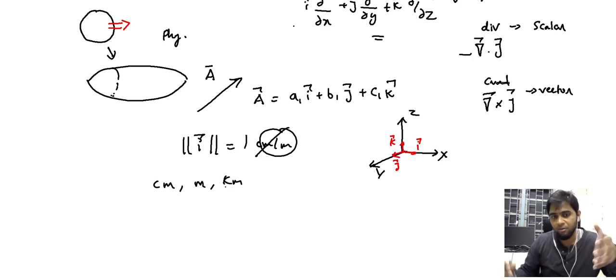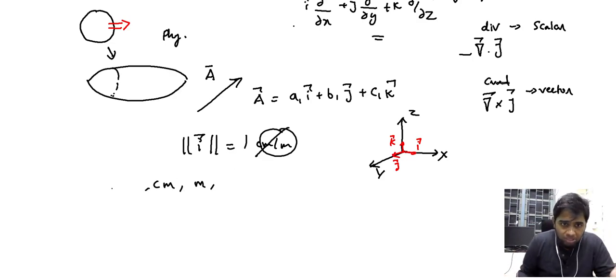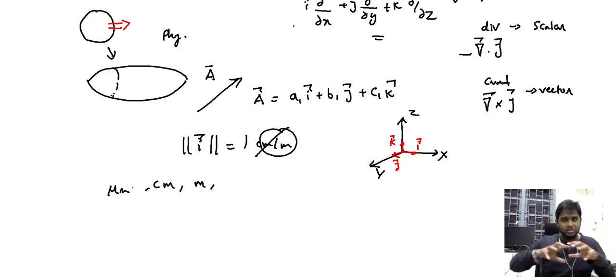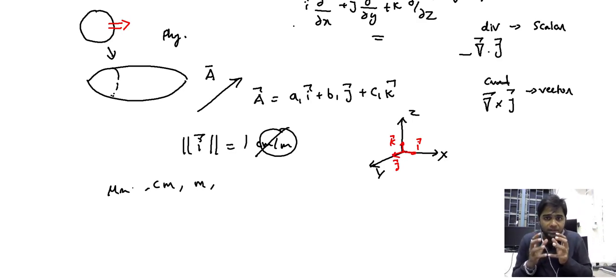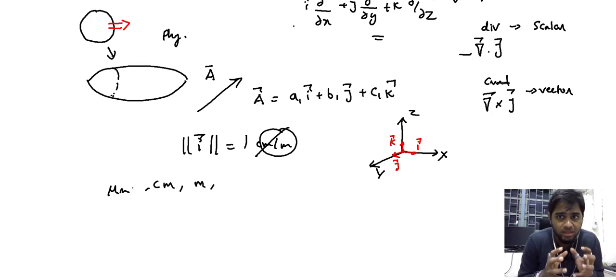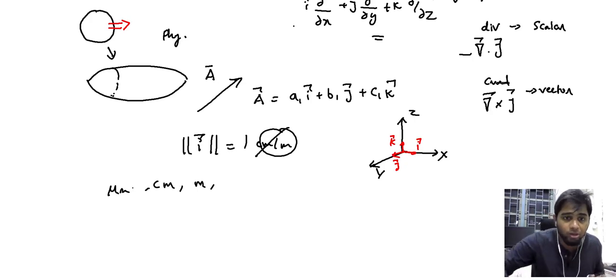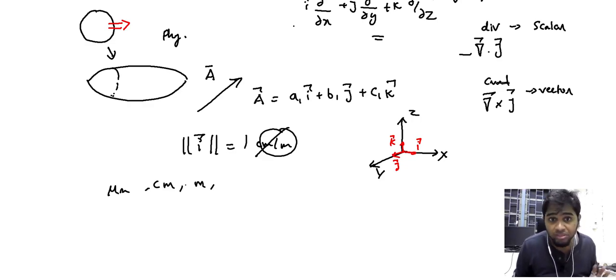In the scale of materials, it can be unit meter, unit centimeter, or unit micrometers as well. So even though in the theoretical discussion it is sufficient to say that these unit vectors have unit length, when we want to adapt this representation to the physical realm, we need a quantitative description of what the flux is and how we need to describe the flux. We need to attribute a unit to these unit vectors, and depending on the system that we are considering, the unit associated with it varies.